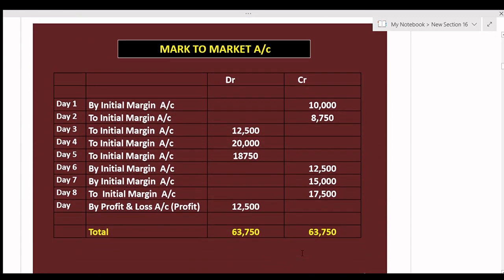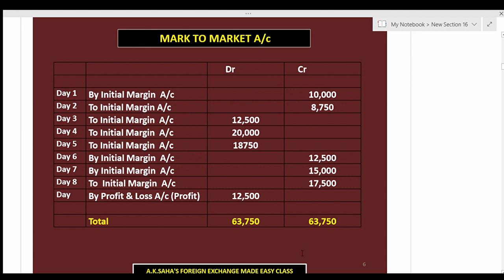Mark to market account. Now, in the mark to market account, profit 10,000, that is initial margin account debit to market 10,000, initial margin account debit to 8,750. Now loss 12,500, that is MTM account debit to initial margin account 20,000, the same account entry and 18,750. In this account you will get profit or loss.